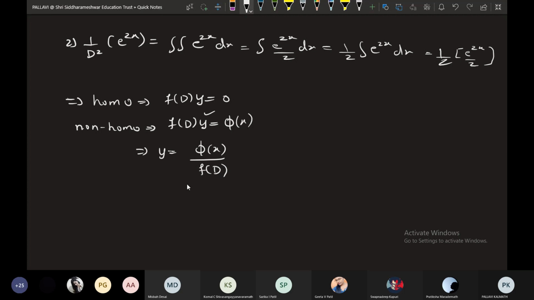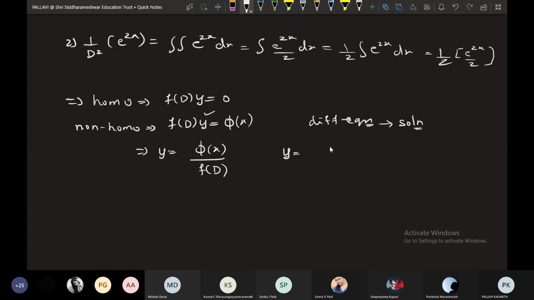Okay. So what is actually y? y means what? Tell me. So far, whenever some differential equation is given to you, you find the solution. How do you write the solution?